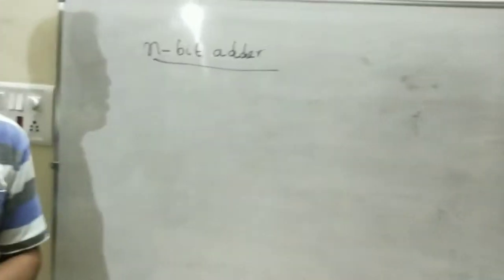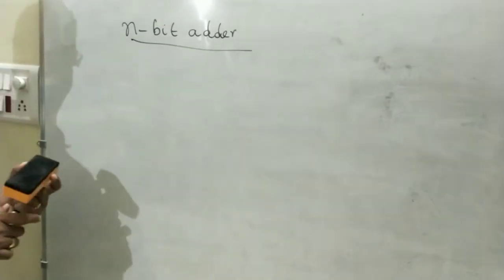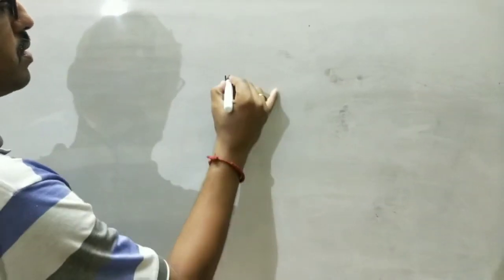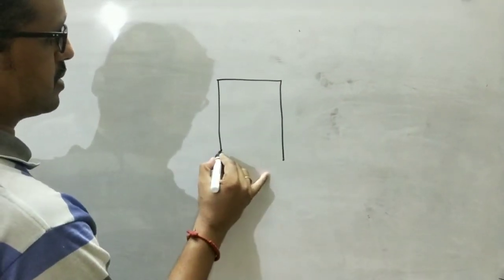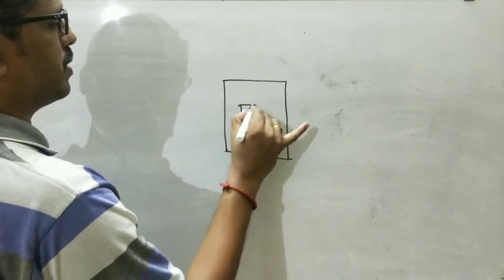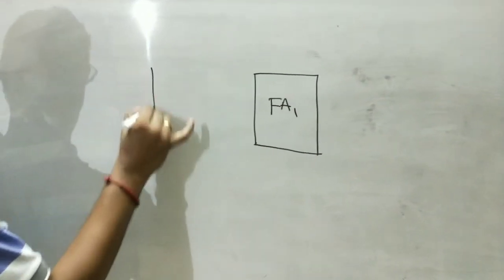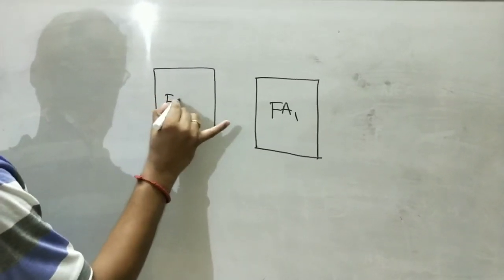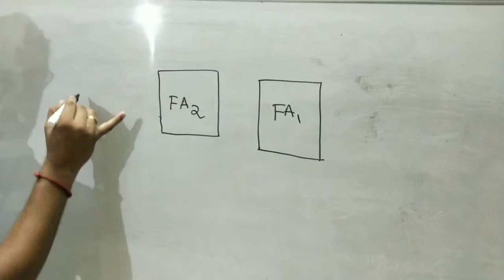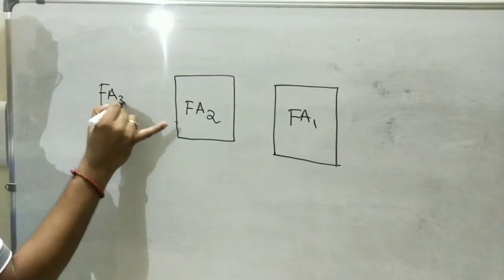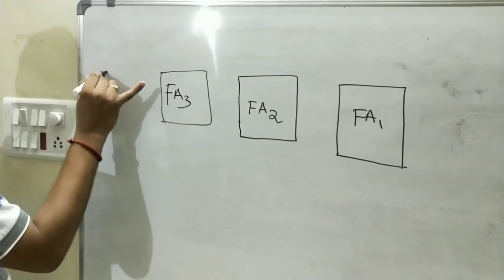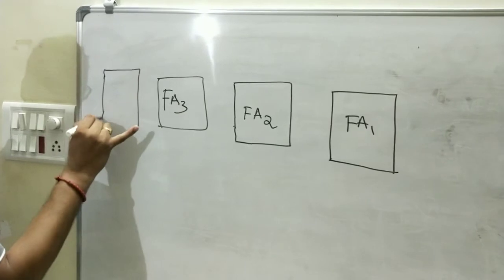Now we will see an example of a 4-bit adder. For a 4-bit adder, how many full adders will be used? 4 full adders, right? So FA1, FA2, FA3, and then FA4.